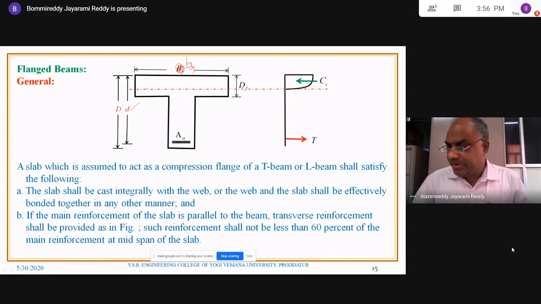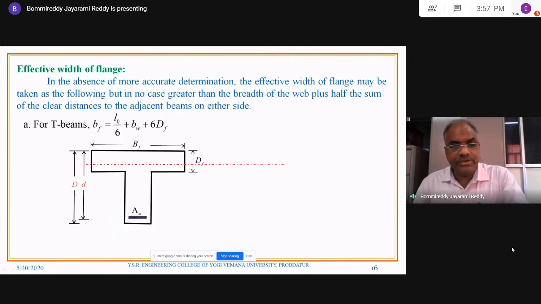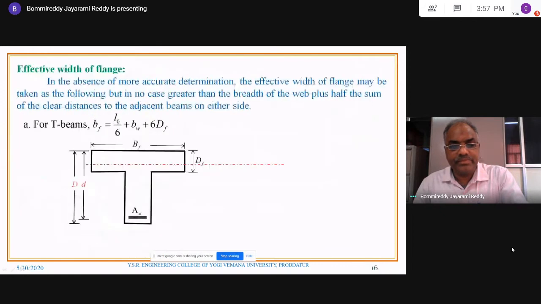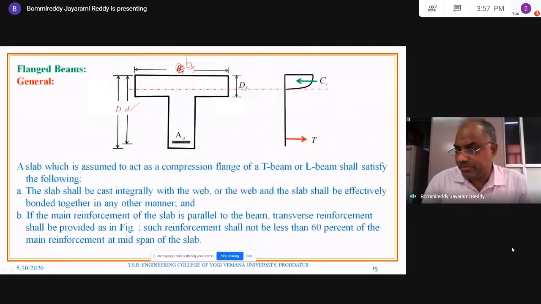Now, when will it be called a T-beam? The code has given some guidelines, and it has to follow certain norms. A slab which is assumed to act as the compression flange of a T-beam or L-beam shall satisfy the following.